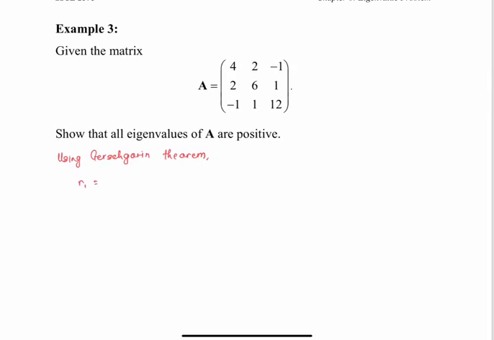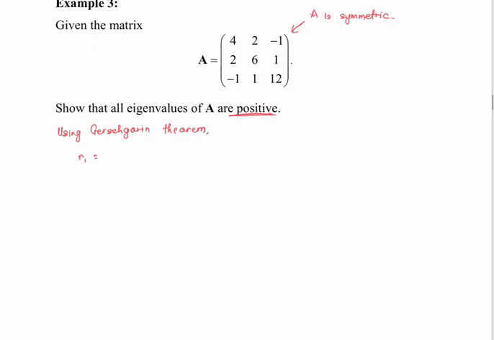So we can see the first thing is this one is symmetric already. A is symmetric. So that we can show all our eigenvalues are positive.